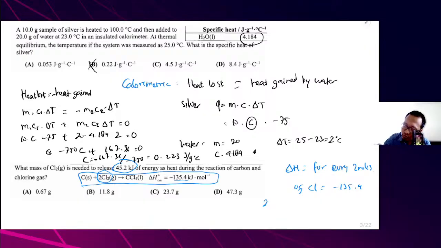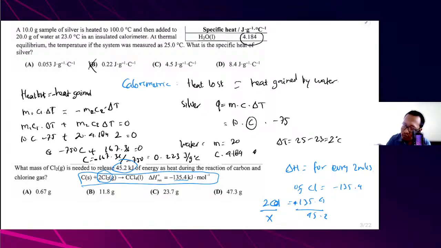Let me bring you something more logical. If 2 mole Cl2 will release 135.4, how about if we want to release 45.2? Over here is x.